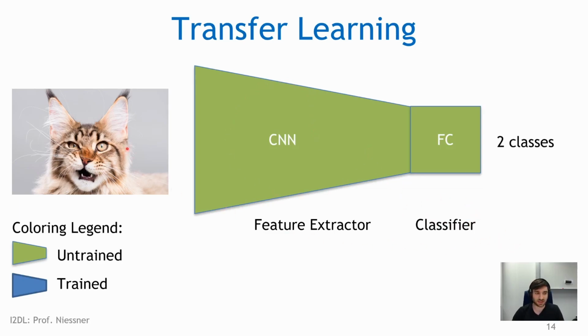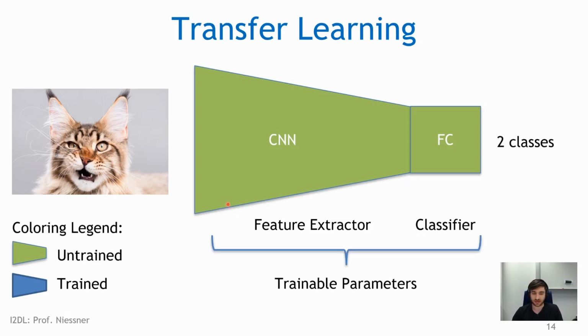Because we have a binary setting between cat or no cat, we only have two different classes. When you approach this problem, you will have an untrained network. What we have been doing so far is to train the entire network with the data we are given. Depending on how big the data set is, it might work or it will heavily overfit. The entire network is the set of trainable parameters.